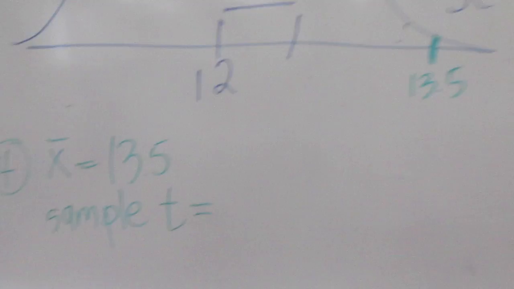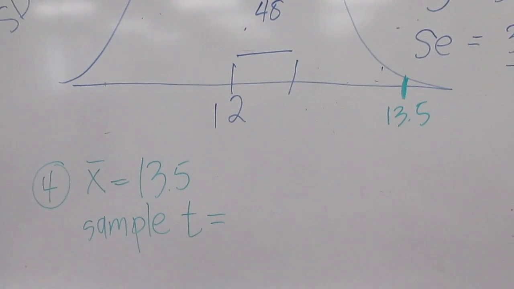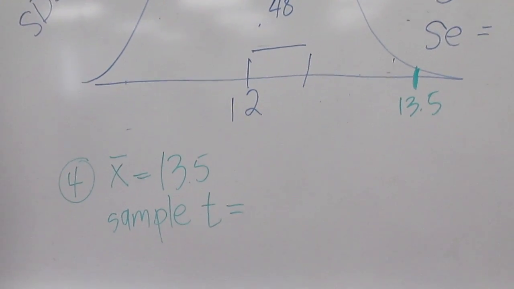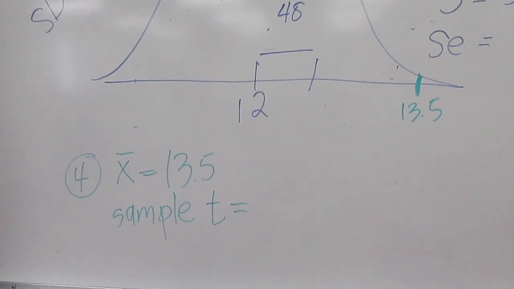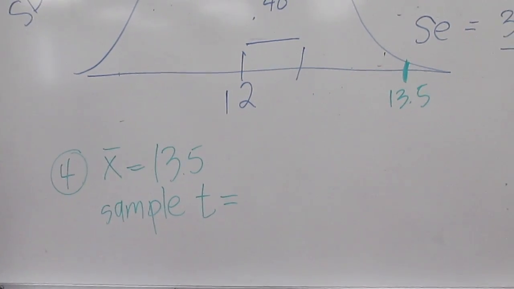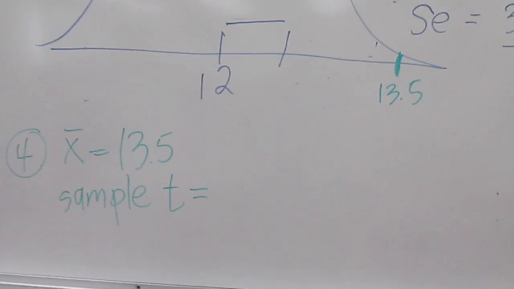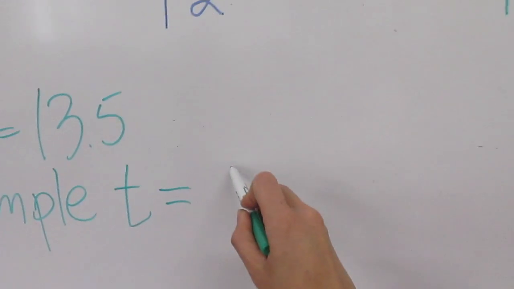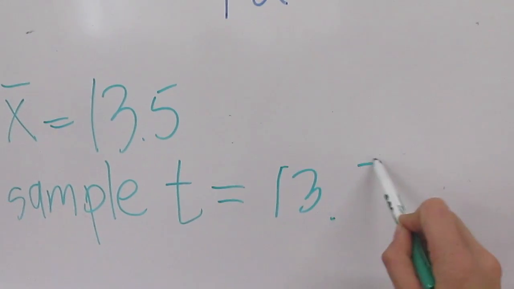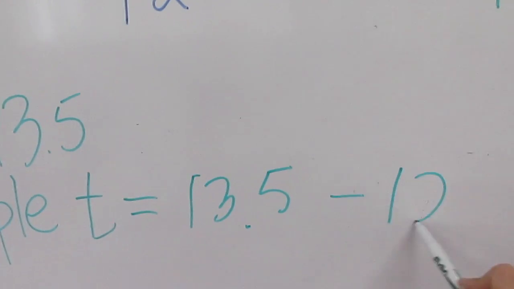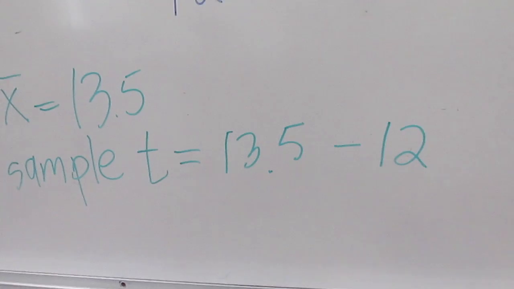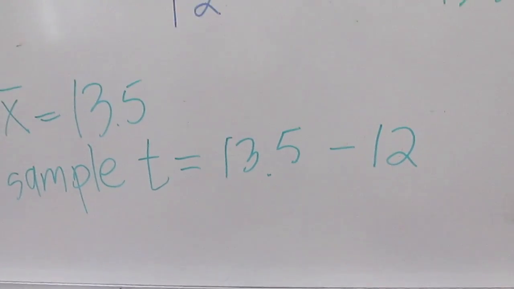But in order to know how many standard errors out, standard deviations of the SDOM, we can use the sample t formula, which takes the distance between 13.5 and 12. This is the distance in raw seconds, so it's 1.5 seconds difference.